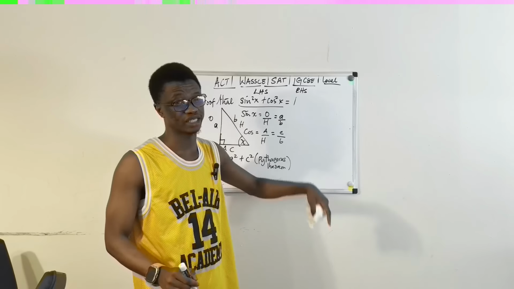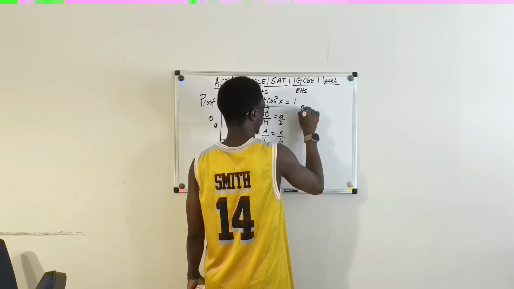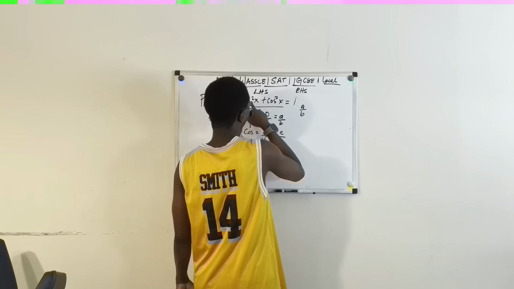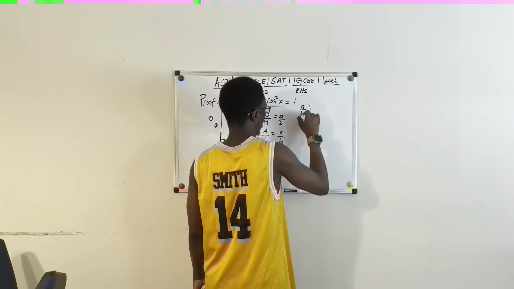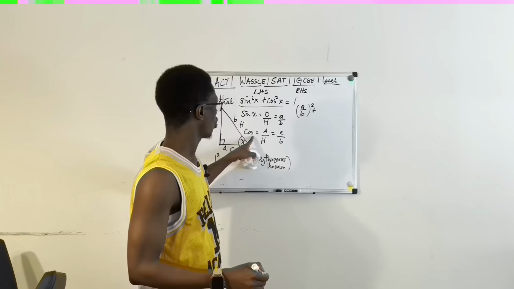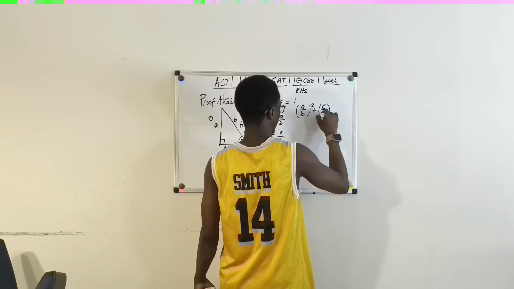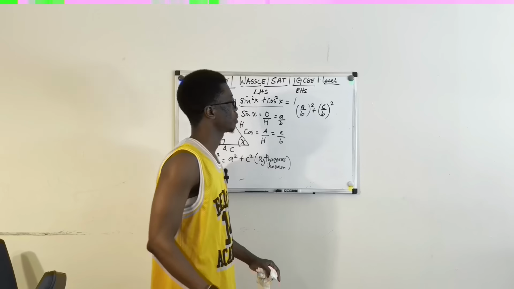So what is sine x? Sine x here is A over B. But this sine has a square, so you square it. Now cos square x is the same as C over B all squared.